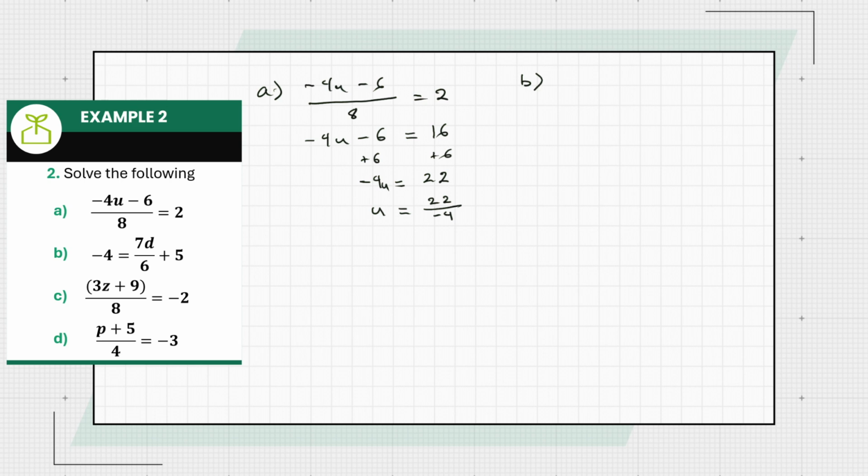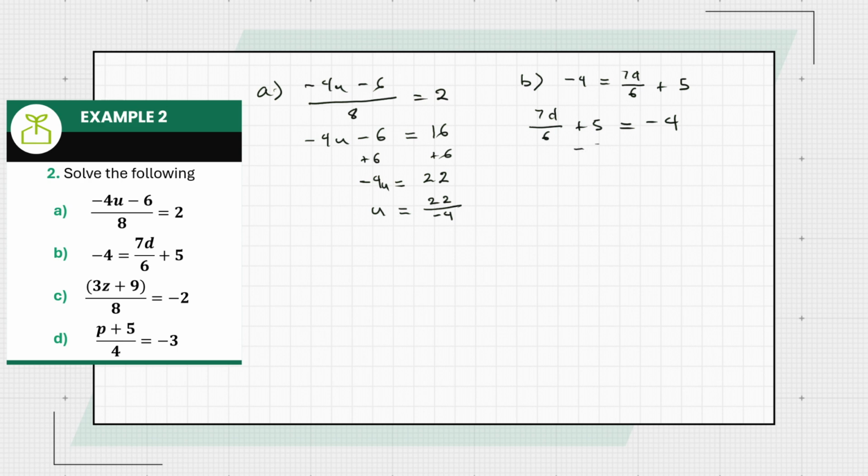For B, we have negative 4 is equal to 7d over 6 plus 5. And remember, if you don't like the way this looks, you can create an equivalent equation by just reordering it. So this is the same as 7d over 6 plus 5 is equal to negative 4. Reorganizing the equation is fine, they're still equivalent.